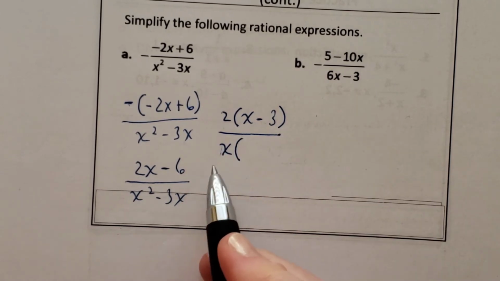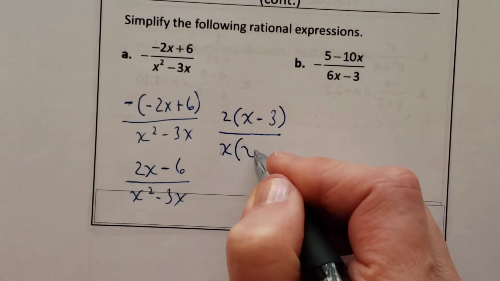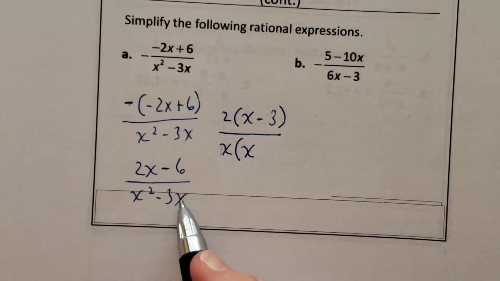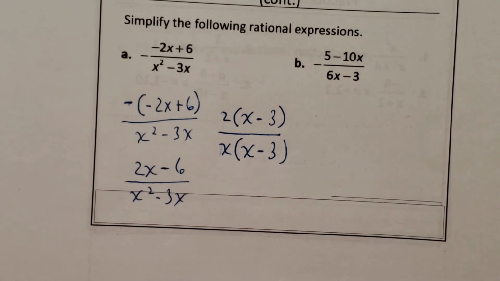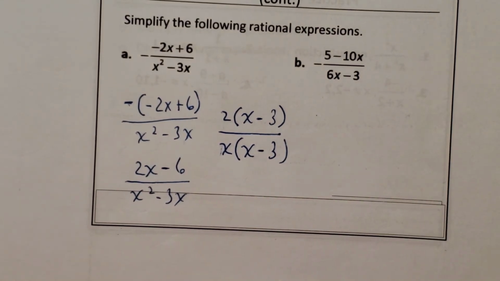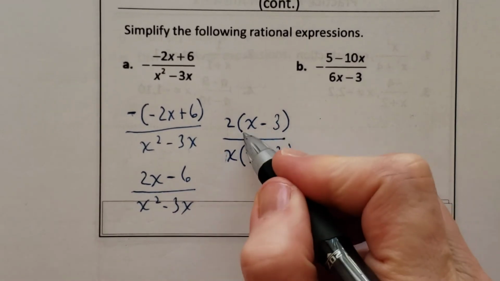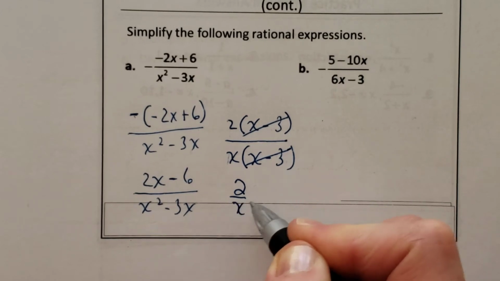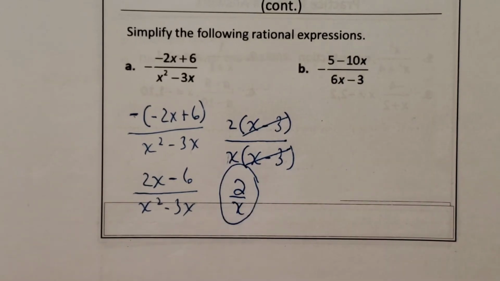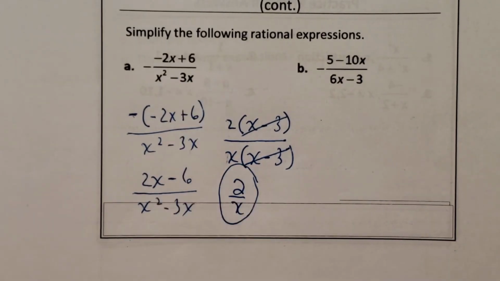What's x squared divided by x? x. What's negative 3x divided by x? I'm taking out the x, and I have negative 3 left. So can I cancel anything out in the numerator and denominator? Yep, I sure can. Those go away. So my answer is x over 2. That is this expression simplified.